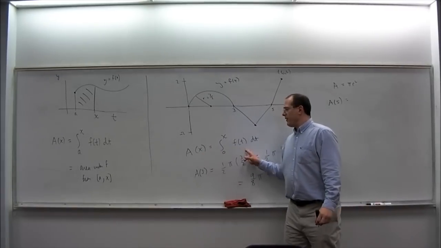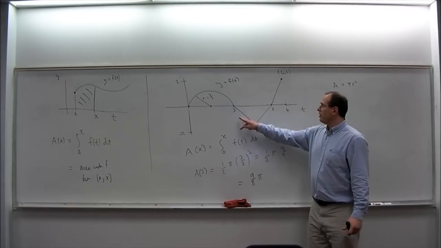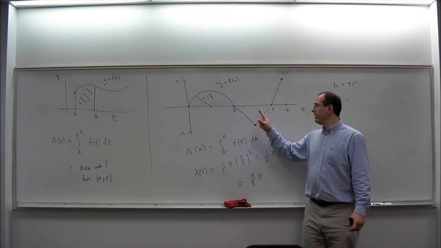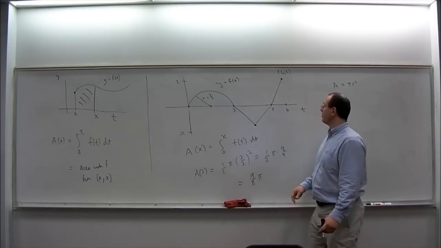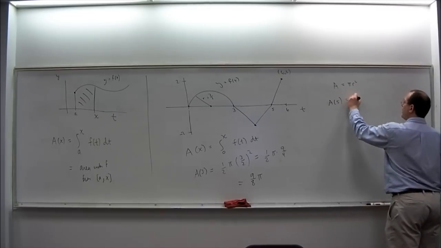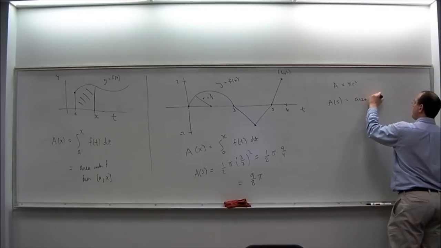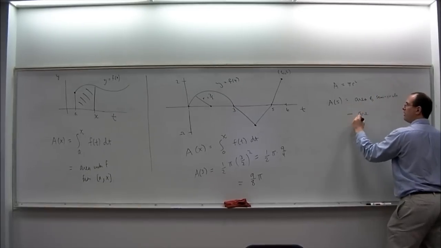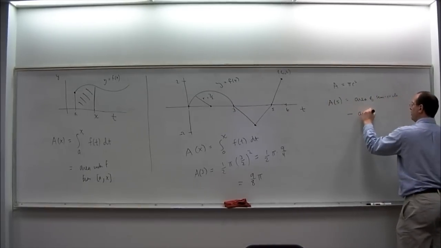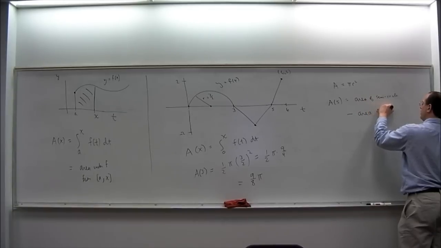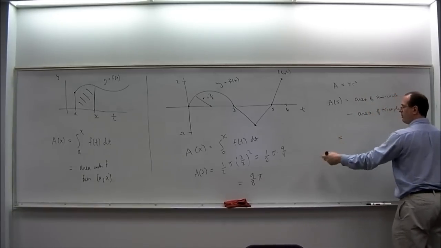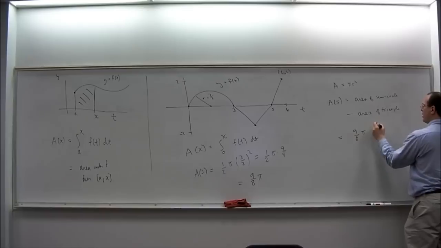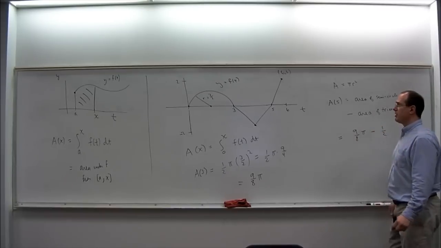Now this area function is really a net area function. When the function f of t becomes negative, then the integral will count the area times minus 1. So A of 5 is going to be the area of the semicircle minus the area of this triangle. The area of the semicircle we just calculated is 9/8 times pi, and the area of the triangle is half the base times the height.